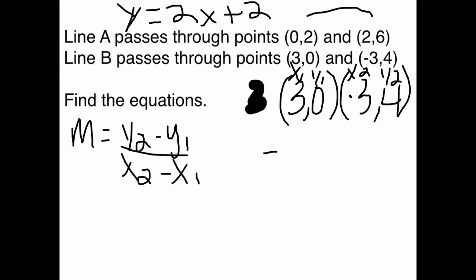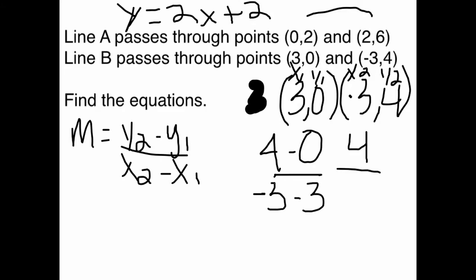So it's going to be 4 minus 0 over negative 3 minus 3. If I do that, 4 minus 0 is 4. Negative 3 minus 3 is keep, change, negative 3 plus negative 3, which is negative 6. If I reduce that down by dividing by 2, I'm going to have a slope here of negative 2/3.